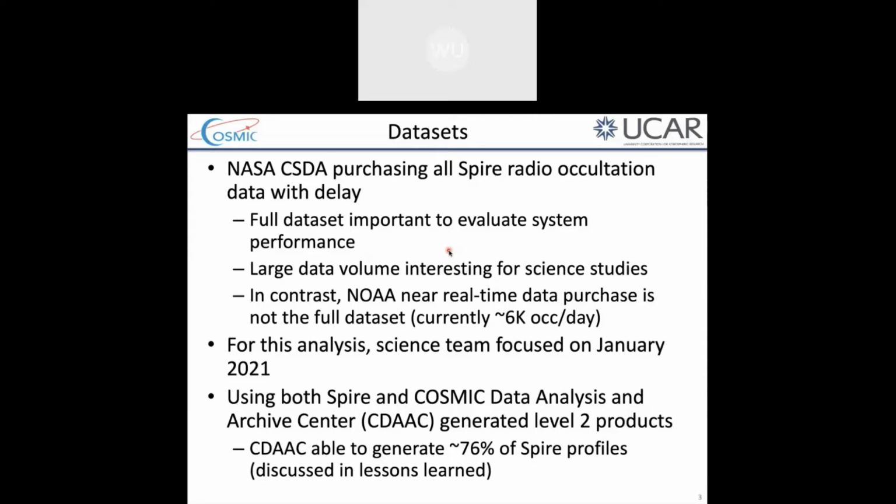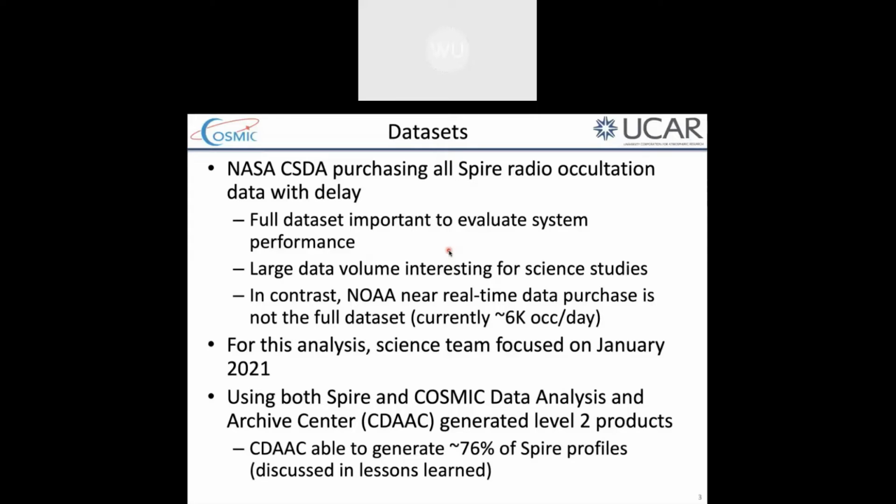For these analyses, we focused on January 2021, and we're looking at both the Spire products, that is the products that we can download from the CSDA site generated by Spire, and then we also downloaded the lower level observation data and generated our own level 2 products in the CDAC framework, the Cosmic Data Analysis and Archive Center.